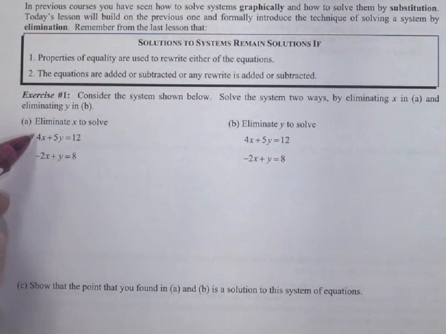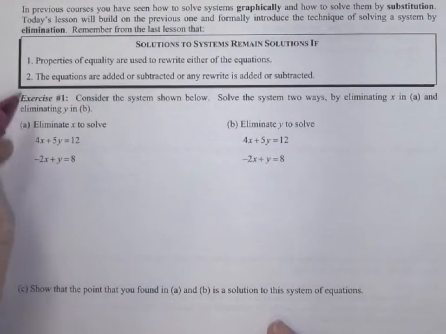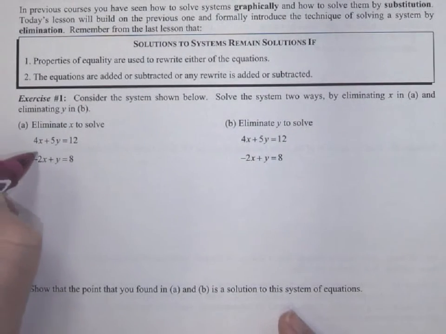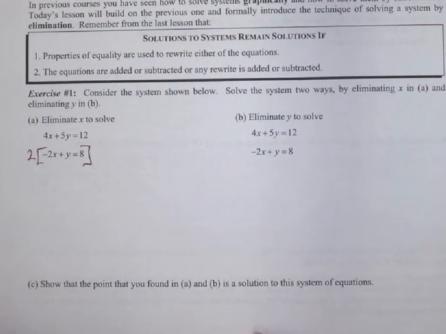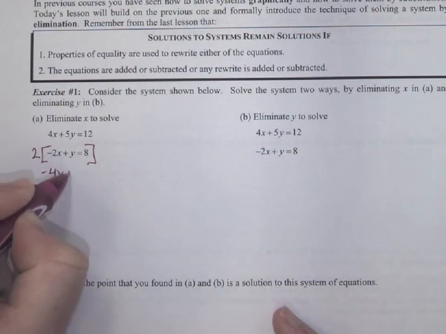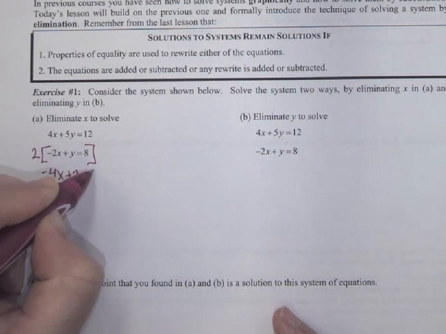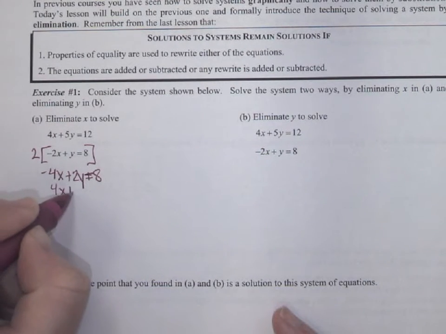So to eliminate x, I need the 4 and the -2 to either be the same number or the opposite. So I know that I can multiply -2 times 2 to get 4. So I'm going to take this and multiply it by 2 so that my coefficients are now the same number.